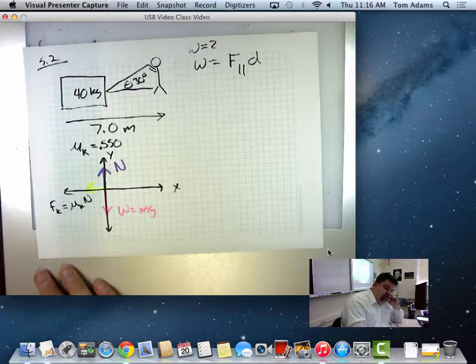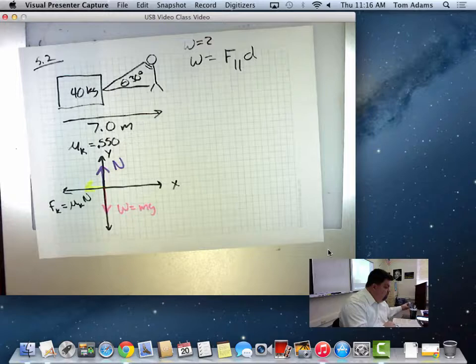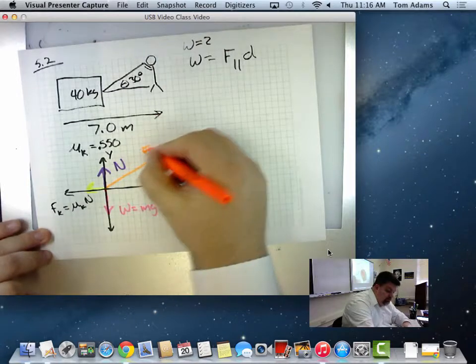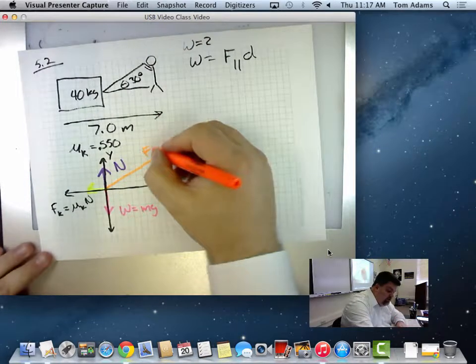All right. What other force is acting on it? The guy, right? So the guy's going to have a force too, and that force is this. Do we know what that force is? Nope. So this is going to be like force applied.